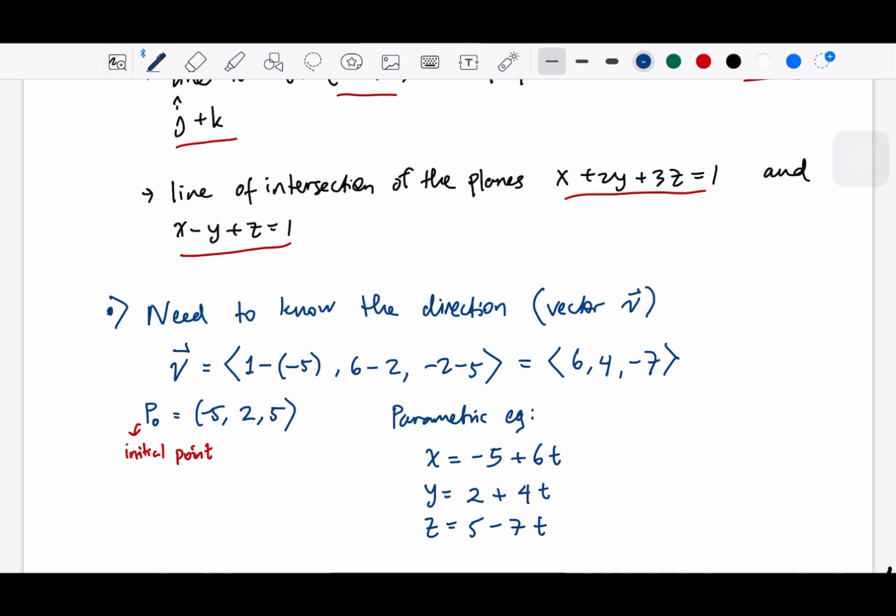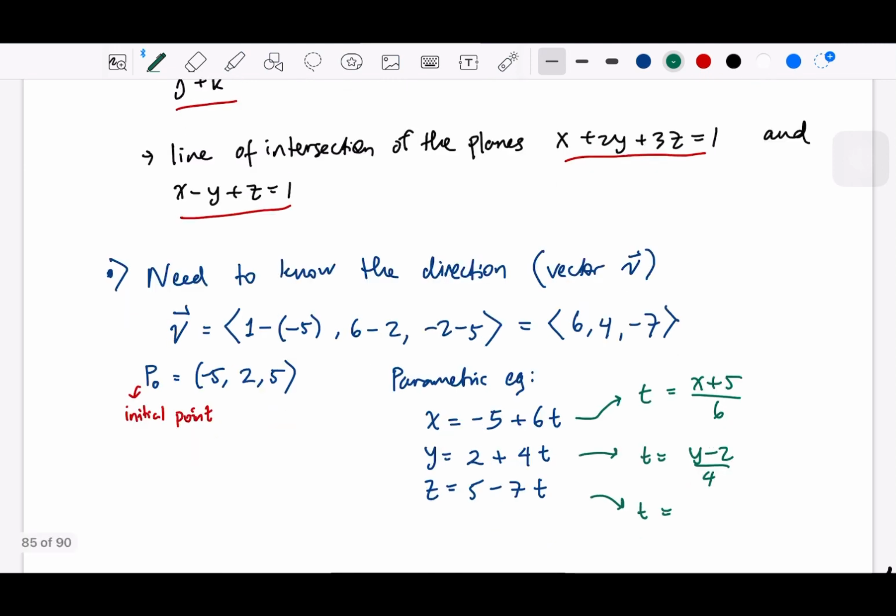And symmetric equations, we can rewrite this x and y and z, all these terms, with t. So we can write t is x plus 5 over 6, right? And here we can also write t is y minus 2 over 4. And here t is z minus 5 over 7, but it's negative.